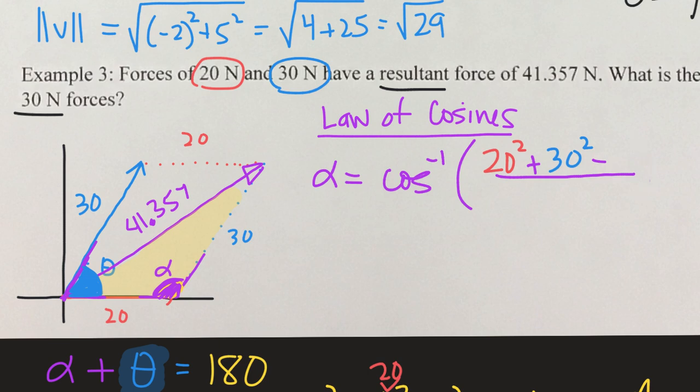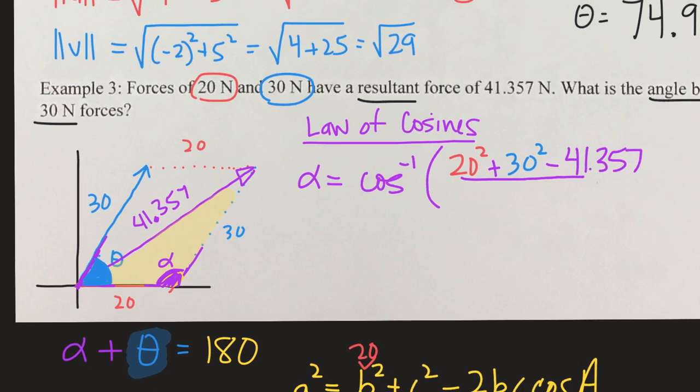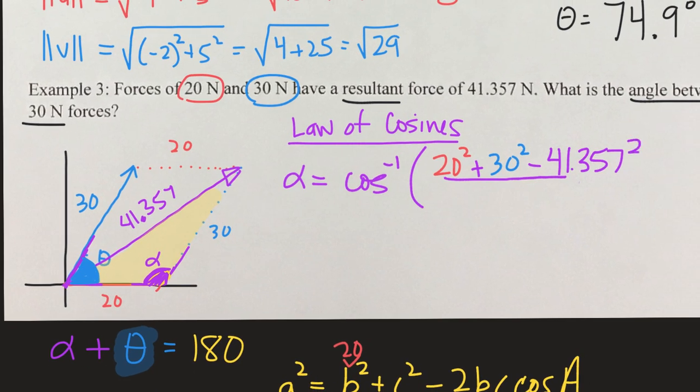And this is how we're always going to do it. We're always finding the angle across from your resultant. So we're always going to put in our problem like this: vector 1 squared plus vector 2 squared minus the resultant squared.